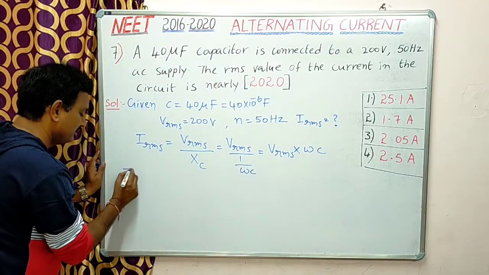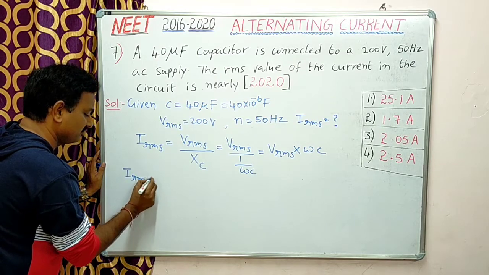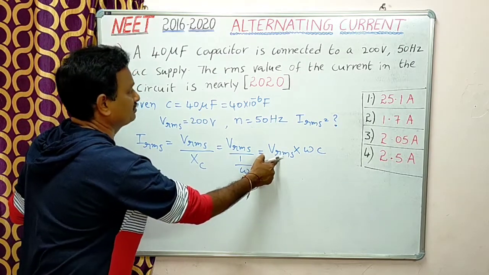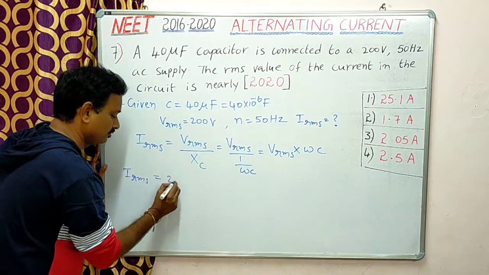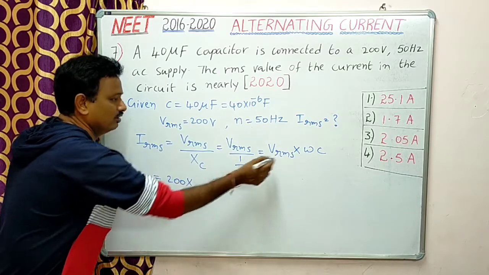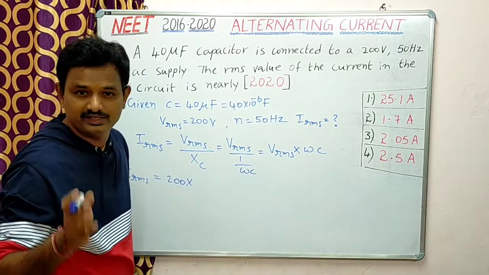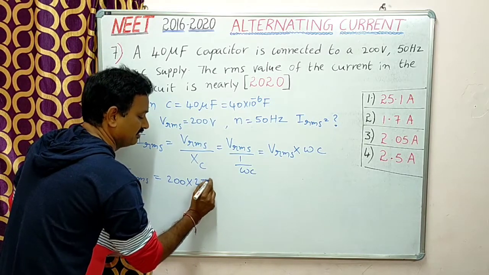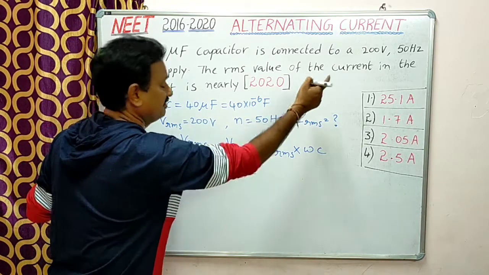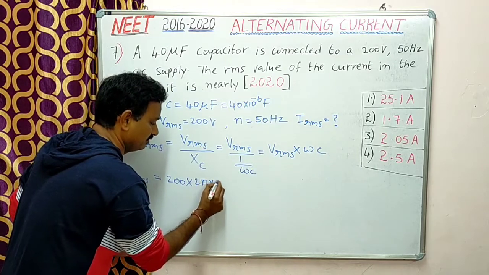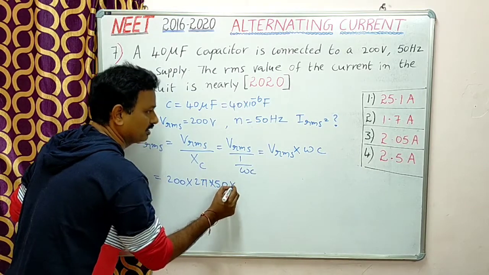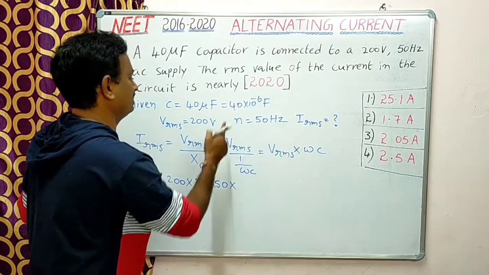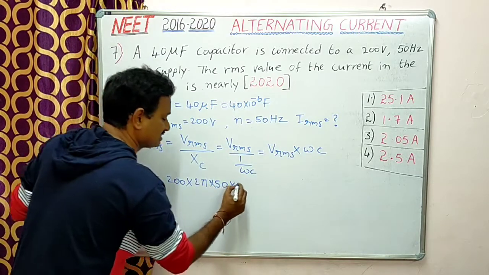IRMS is equal to VRMS means 200 into omega means 2 pi frequency. 2 pi into frequency. Frequency how much? That is 50 Hz, so into 50. Capacitor, that is 40 into 10 power minus 6.